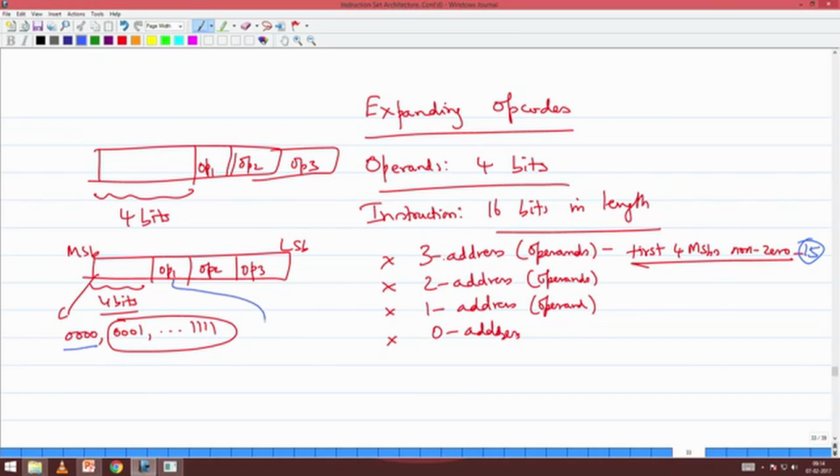Now if this is 0, 0, 0, 0, then I will go to the next. This is not a 3 address code, so it could be a 2 address code or anything. If the first 4 are 0, 0, 0, 0 and the second 4 are not 0, 0, 0, 0, then it is a 2 address opcode. So what is 2 address?